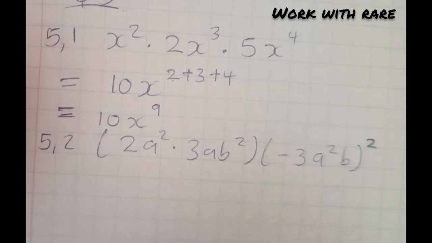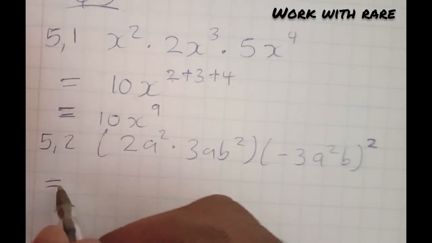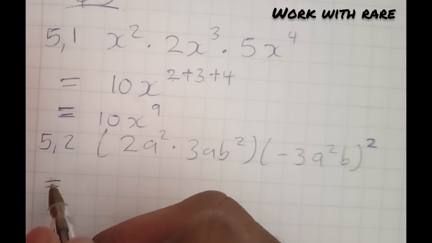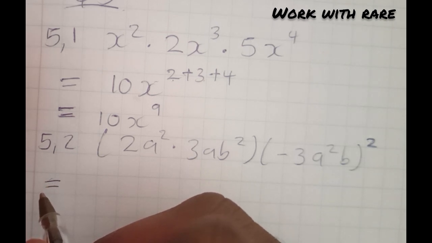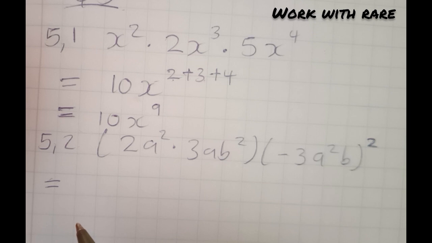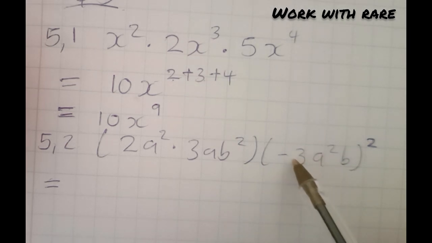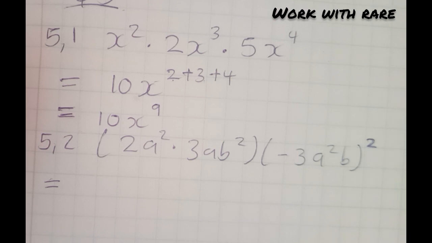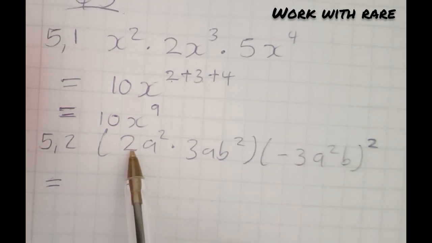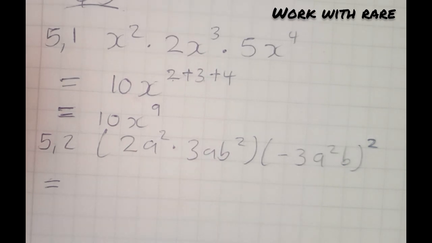Okay, so let's do it. So the first step, let me break this one down, let's take everything step by step. So here we have 2 multiplied by 3, which is 6.